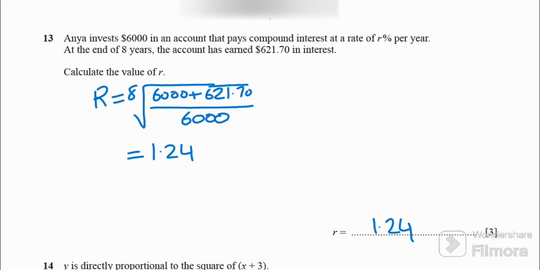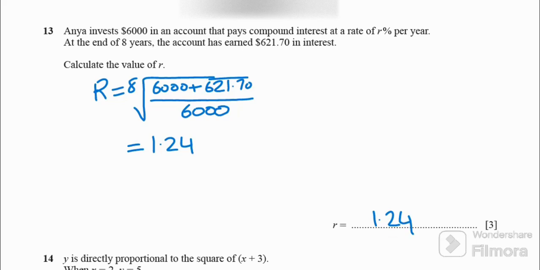Calculate the value of R. So R is equal to the 8th root of the total amount, 6,000 plus 621.71, because the total amount that she has received is 6,621.71, divided by 6,000. So the answer will be 1.24%. So the interest rate is 1.24%.